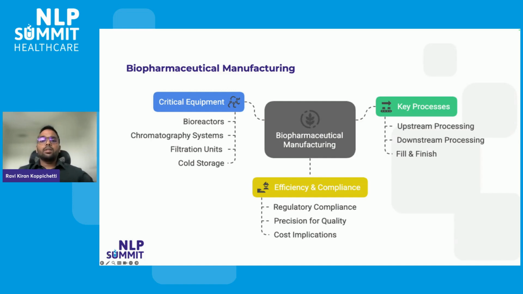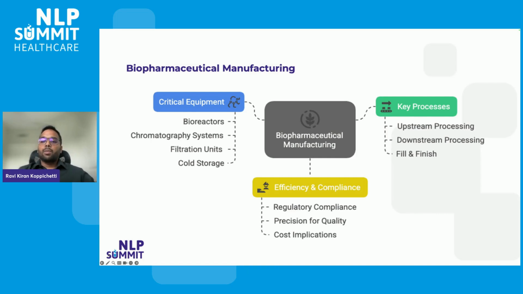This is followed by downstream processing, which concentrates on purification of our products, and fill and finish, where we ensure that the products are rendered perfectly sterile before distribution. Companies utilize critical equipment such as bioreactors, chromatography systems, and filtration units to uphold the highest quality standards. The proper functioning of these systems is paramount to avert any costly disruptions.